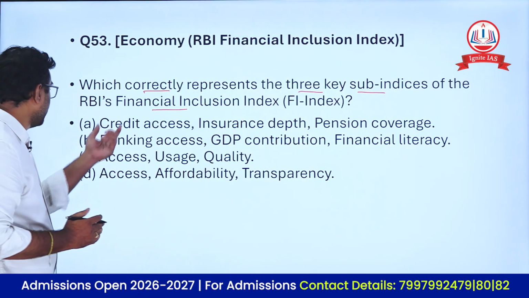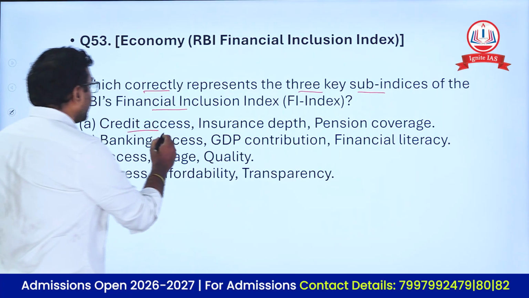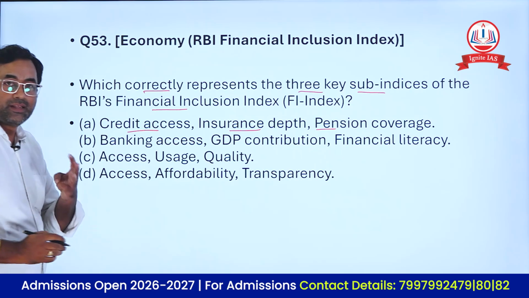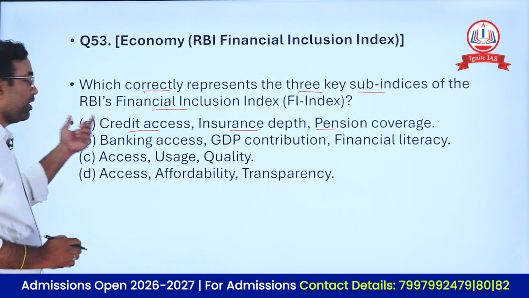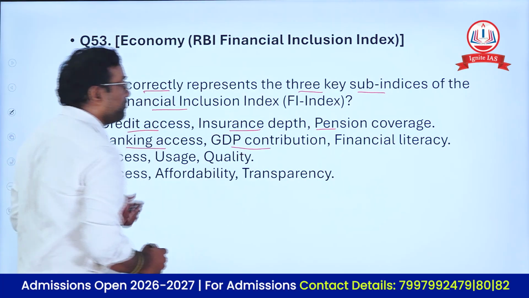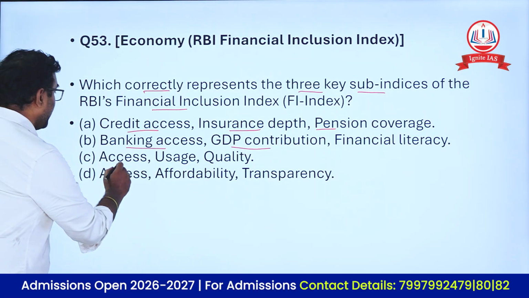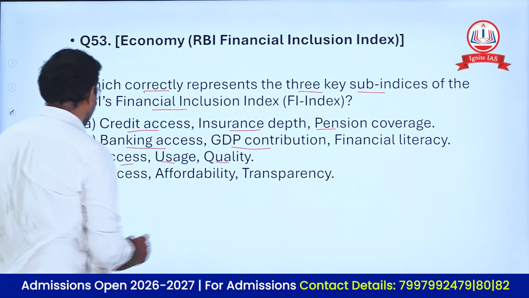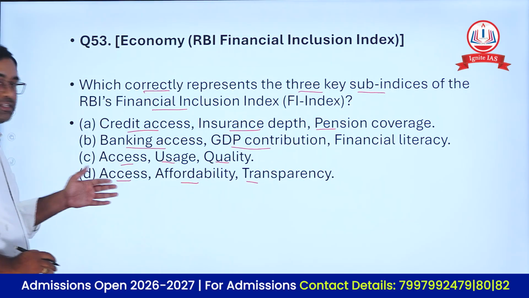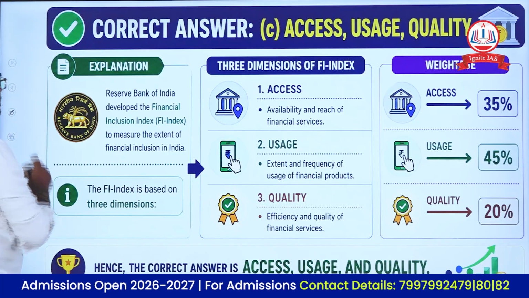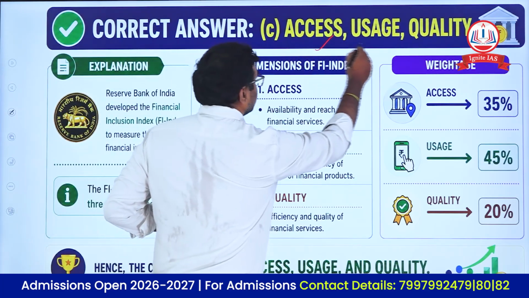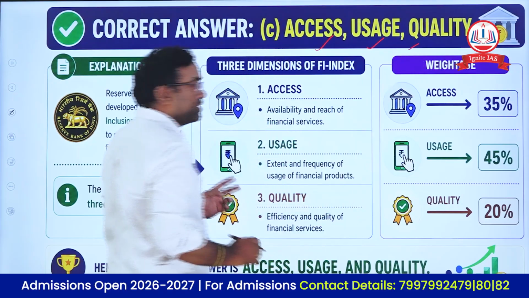For example, option A, credit access, insurance and pension coverage. Option B, banking access, GDP contribution, financial literacy. Option C, access, usage and quality. Option D, access, affordability and transparency. Among these four options, the answer is C, access, usage and quality.